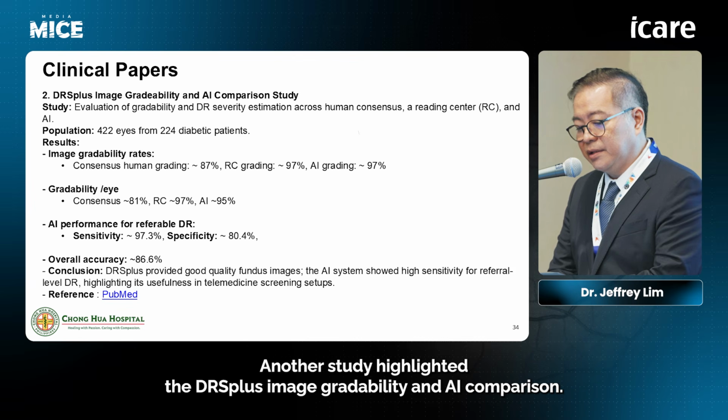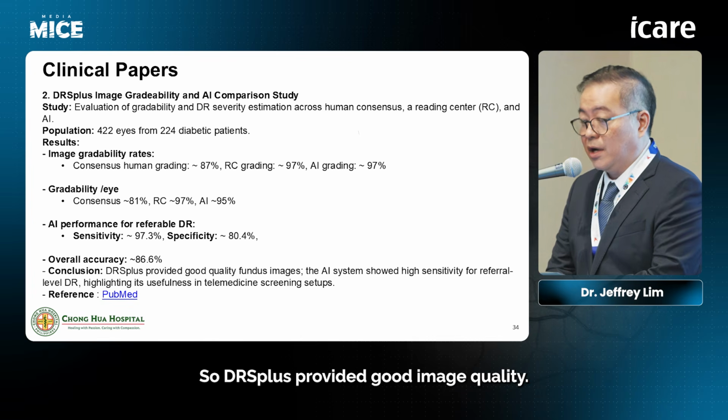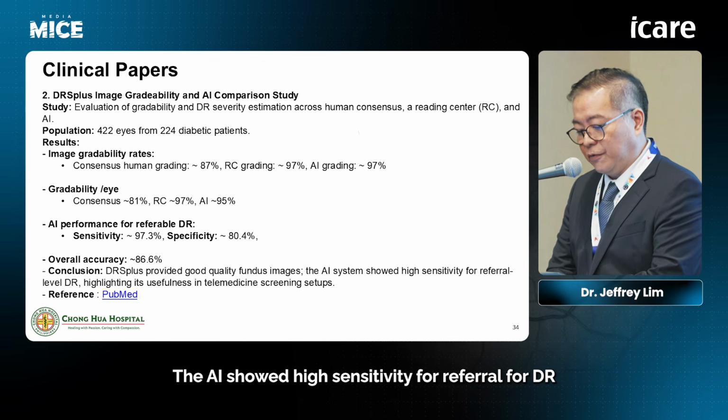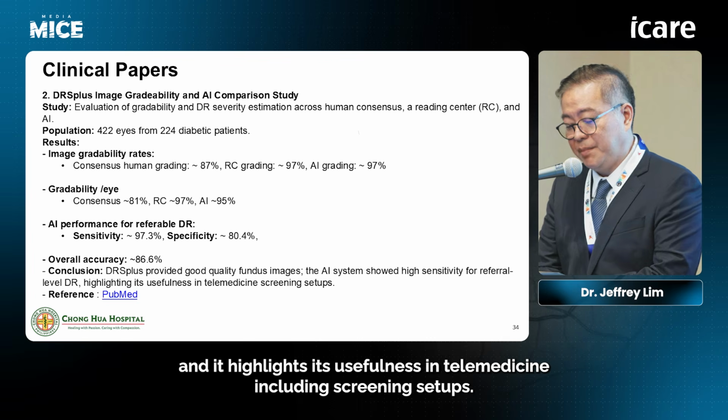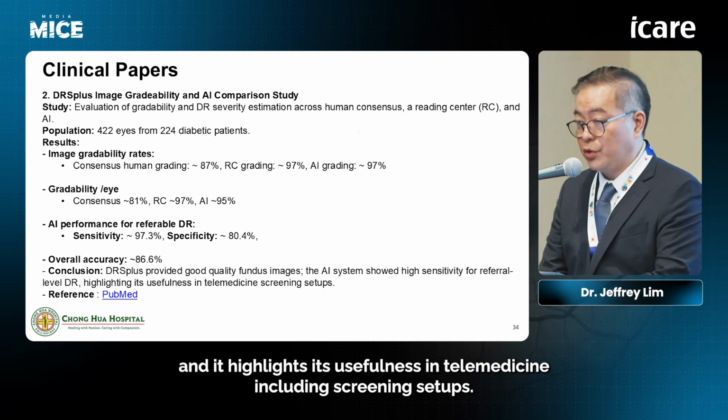Another study highlighted the DRS plus image gradability and AI comparison. So DRS plus provided good image quality. The AI showed high sensitivity for referral for DR, and it highlights its usefulness in telemedicine, including screening setups.